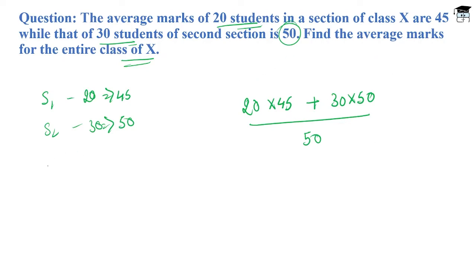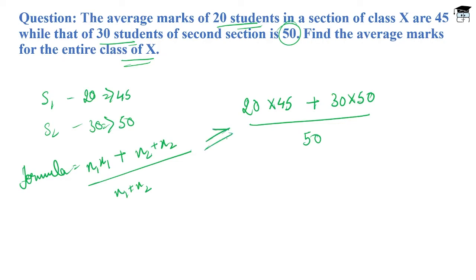Basically what we do is we apply a formula, that is n1 into x1 plus n2 into x2 whole divided by n1 plus n2. Now this is what we have solved here. n1, that is 20, into x1, that is 45, plus n2, that is 30, into x2, that is 50, whole divided by n1 plus n2, that is 50.